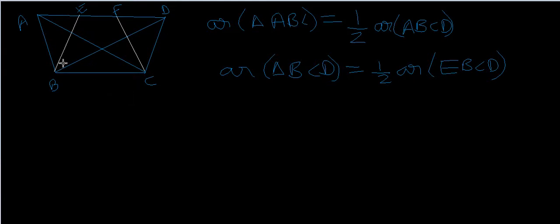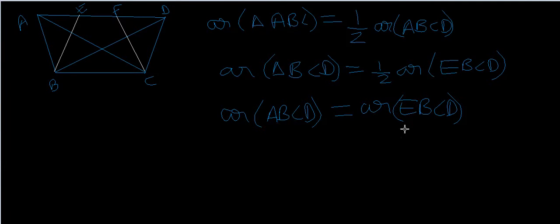Now look carefully at the two parallelograms ABCF and EBCD. Both of them lie on the same base BC and between the same parallels AD and BC. Hence, we can say that area of both these parallelograms are also equal. That is, area of parallelogram ABCF is equal to area of parallelogram EBCD.